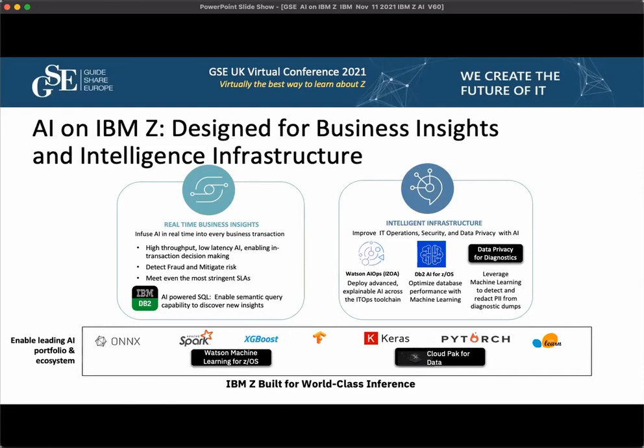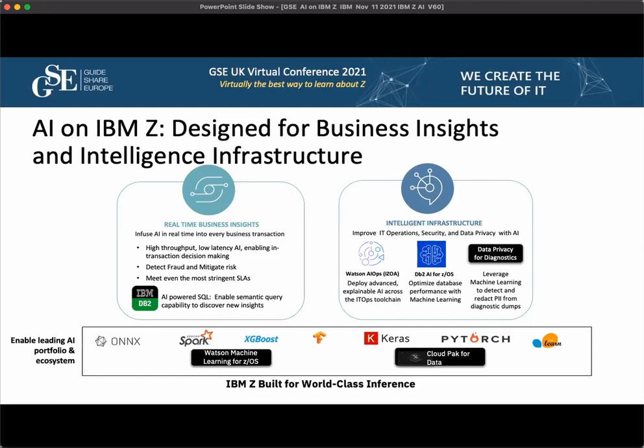First, we certainly want to enable you, our clients, to easily embed AI intelligence into your key enterprise workloads and core business processes to drive better business outcomes and be more competitive in your markets. Our clients can leverage Z's transactional and data gravity to drive real-time AI in business-critical workloads for AI-infused insights while even meeting the most stringent SLA requirements.